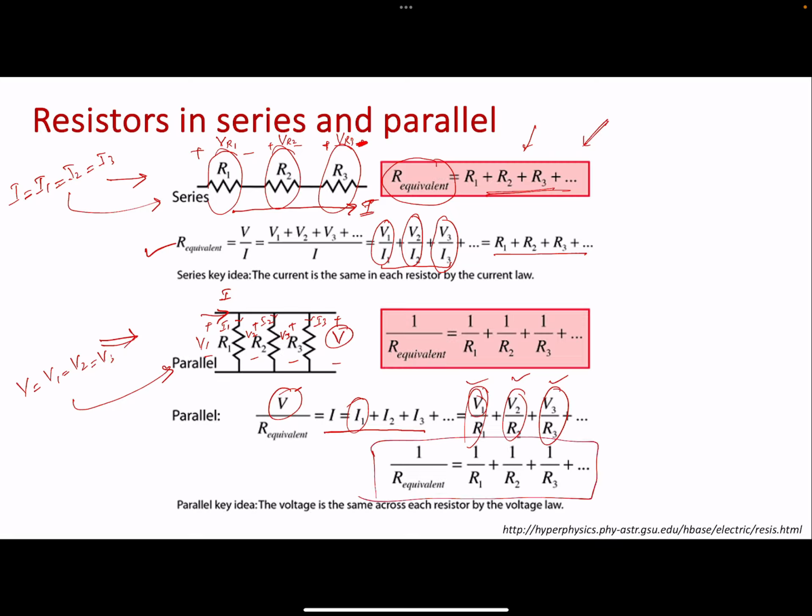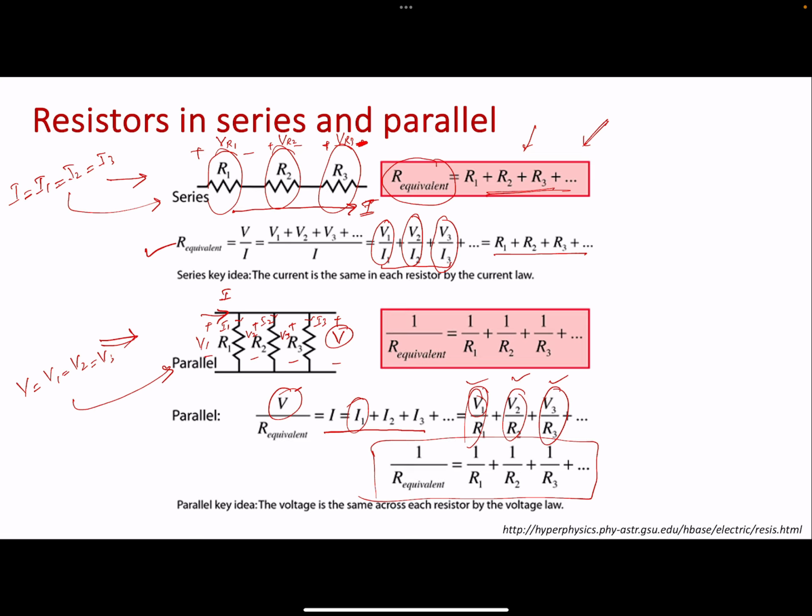The inverse of the total equivalent resistance equals 1 over R1 plus 1 over R2 plus 1 over R3. So the idea of this slide is to let you know that although you should know by heart that if resistors are connected in series, the equivalent resistance is the summation of them, and if they are connected in parallel, then 1 over R equivalent is 1 over R1 plus 1 over R2 and so on, there's a reason why we end up with these equations.